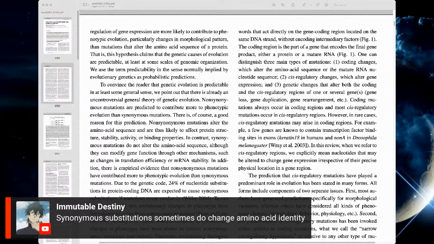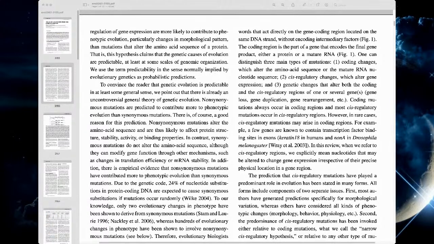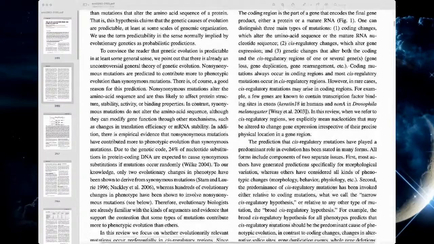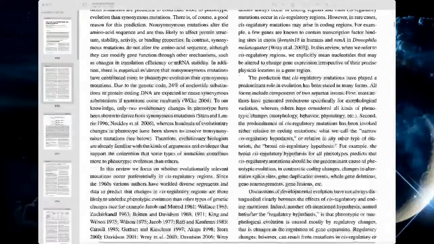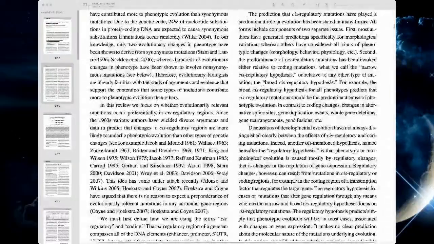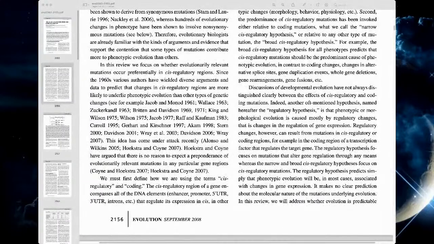Okay. Let's see. So I think later in the paper they talk about one argument for the cis-regulatory hypothesis, basically, and how, or whether or not, developmental genes are as pleiotropic as proponents say.